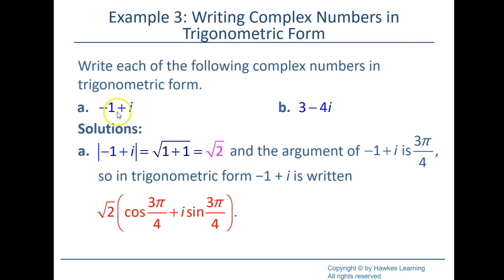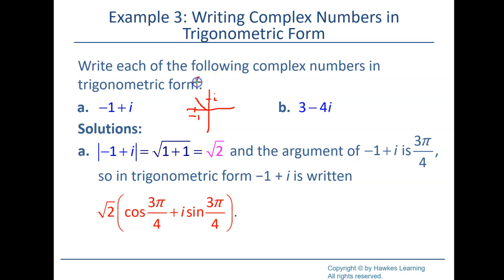And then this is negative, so we're moving to the left. Like if I drew the unit circle, we're moving to the left 1, so that's negative 1, and then up 1 for positive 1i. So we are in what we used to call quadrant 2.